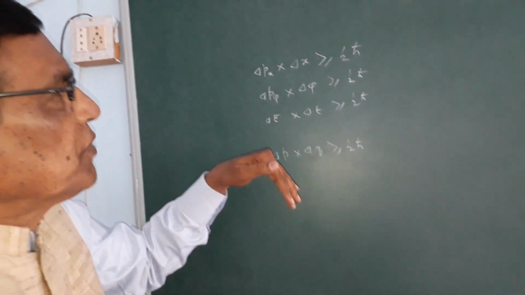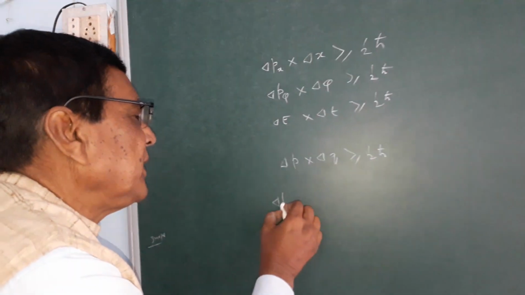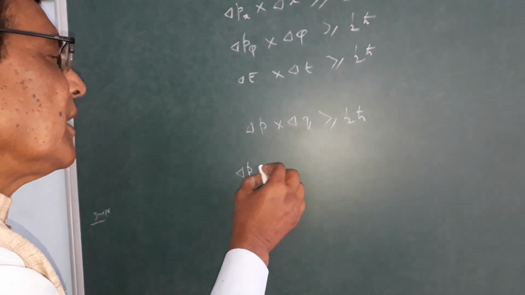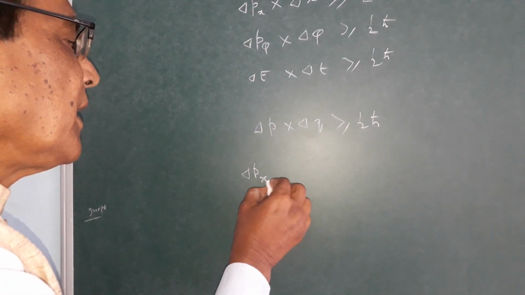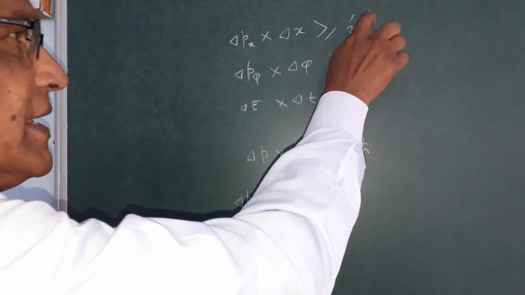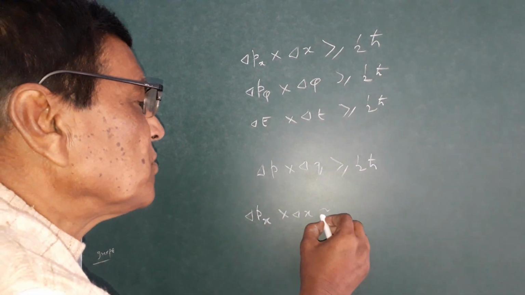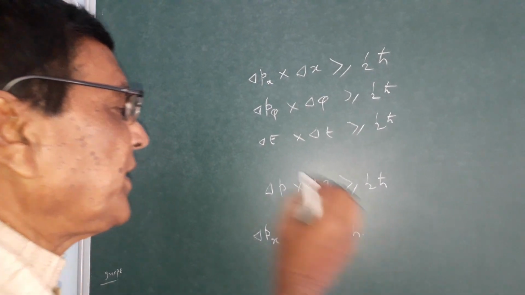If we discuss this more elaborately, with the first one, del p x into del x, since h is very small, we can write it as almost equal to h.